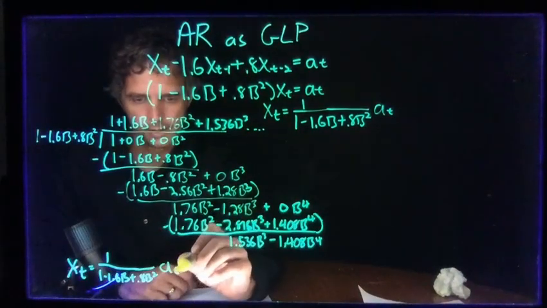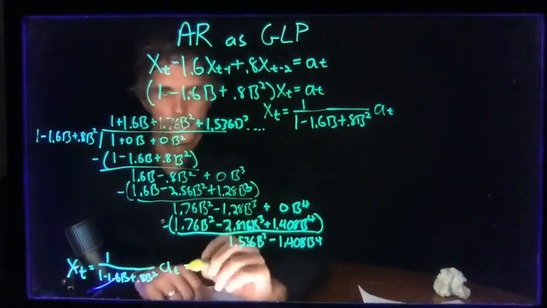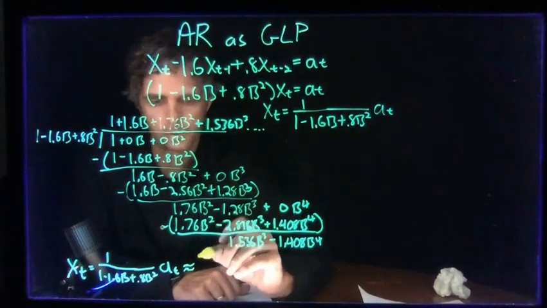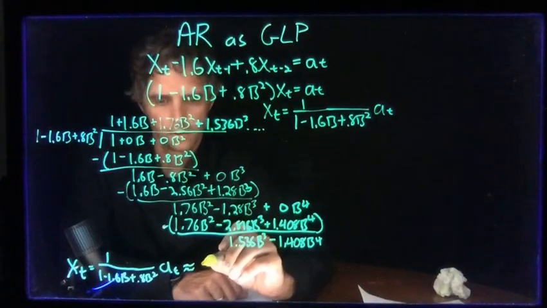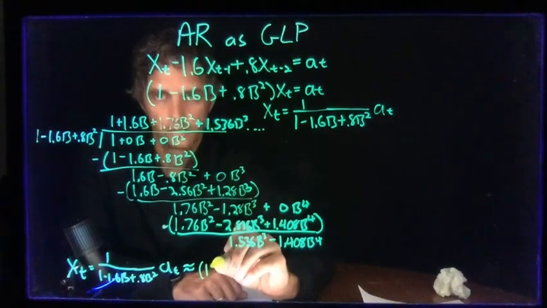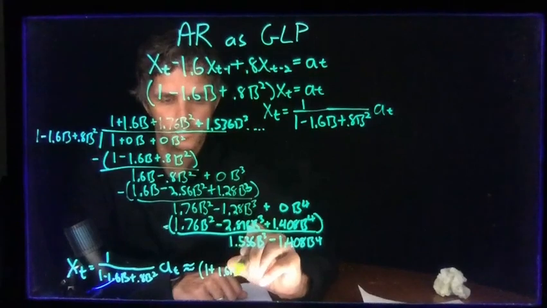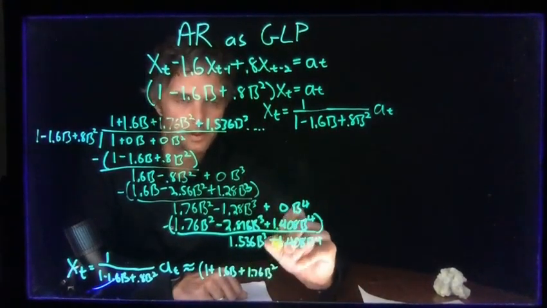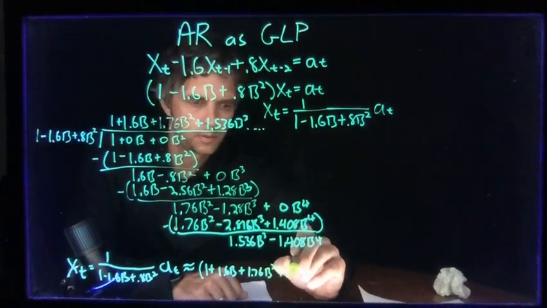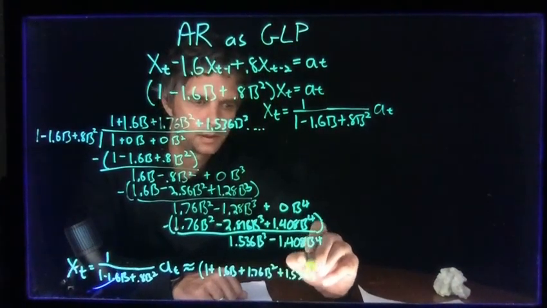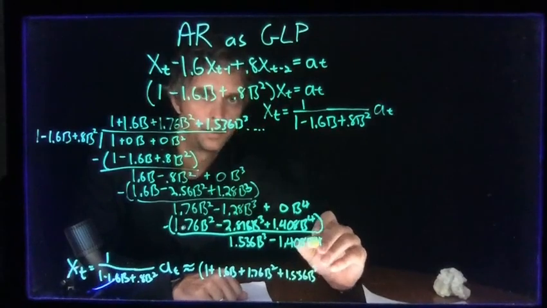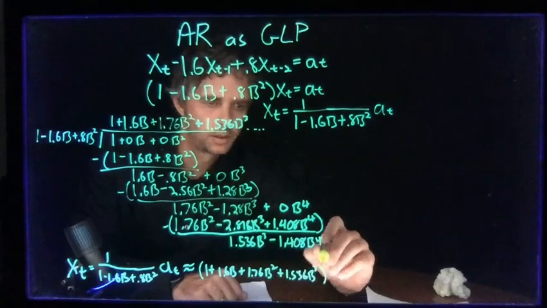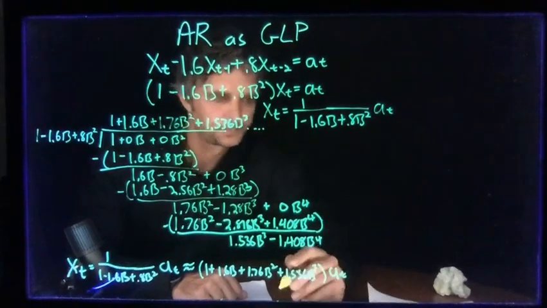So that's at equals, and that will be approximately 1 plus 1.6b plus 1.76b squared plus 1.536b cubed. And that's approximately, right? So we'll just have that out to 3 terms times at.